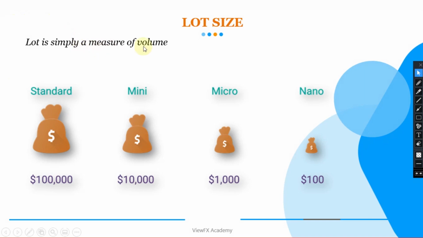So lot is simply a measure of volume. The standard lot has 100,000 units. For example, if I have Euro USD, and then whenever I want to place a trade, I have to choose my lot size.